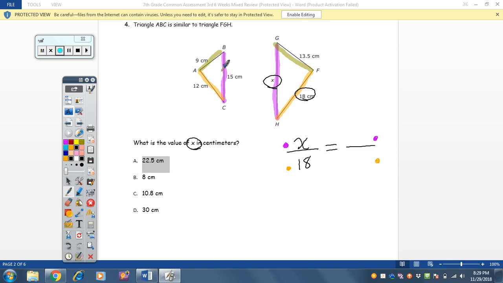What number in the other shape matches x? And what number matches 18? So you're going to multiply 15 times 18.